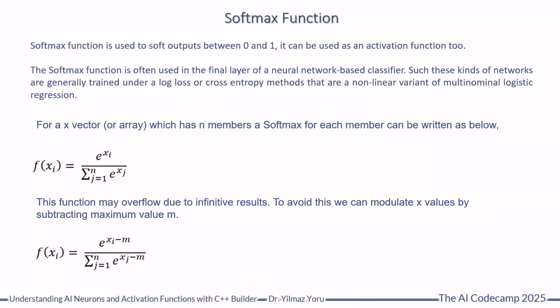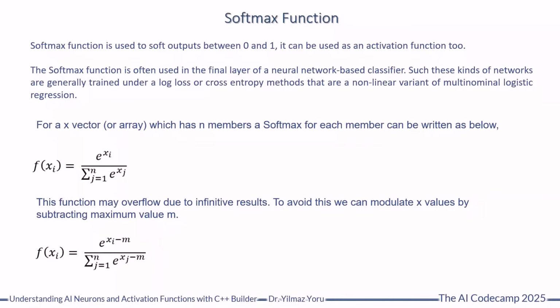The softmax function is often used in the final layer of a neural network based classifier. These kinds of networks are generally trained under log loss or cross entropy methods, which are a non-linear variant of multinomial logistic regression.